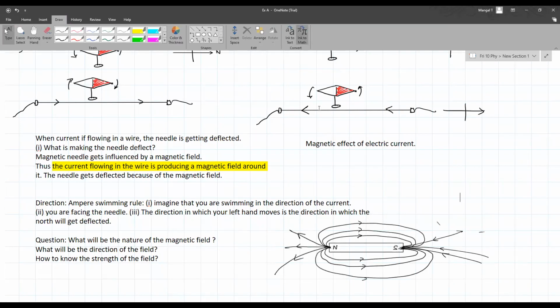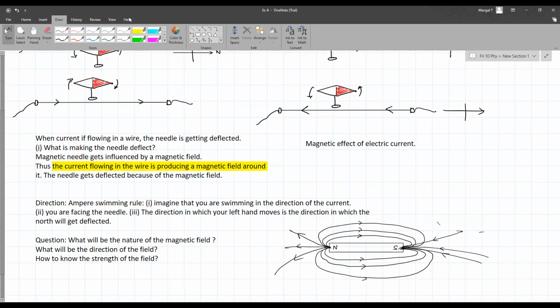But this is for a bar magnet. Here we have a current carrying wire and there is a magnetic field around it. So what will be the nature of that magnetic field? For that, we take a cardboard, and we allow the wire to pass through the cardboard.